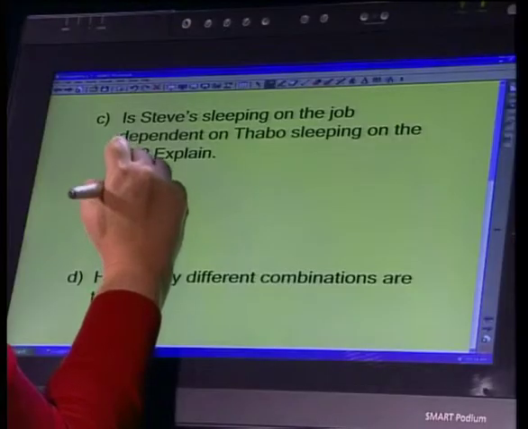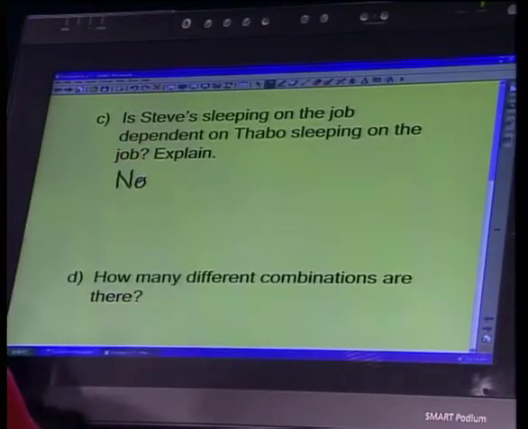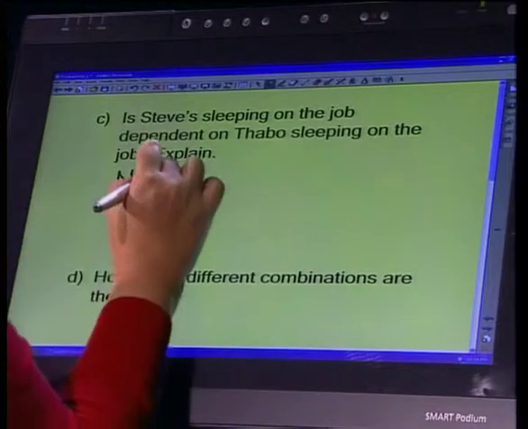Do you think that if the one sleeps, the other's going to sleep too? No, not necessarily. And that is mainly because if one is sleeping, then the other one doesn't have to sleep.